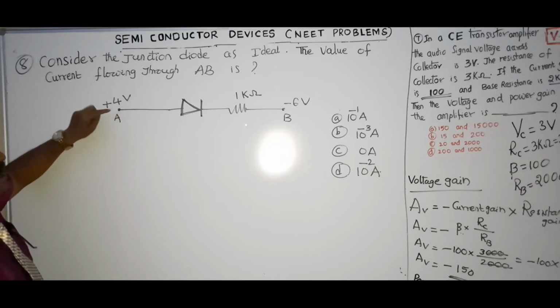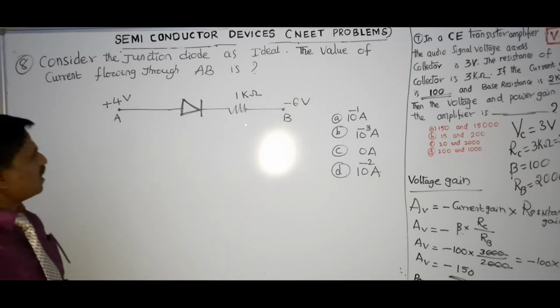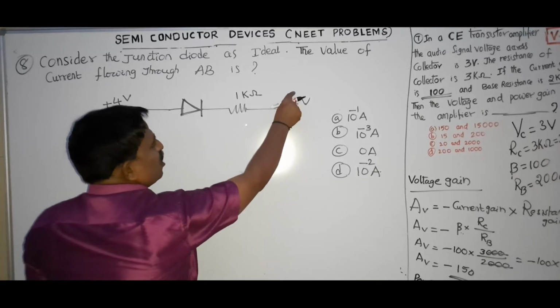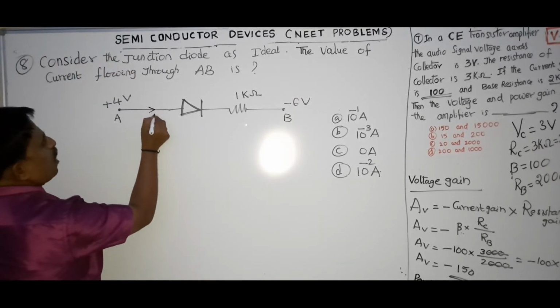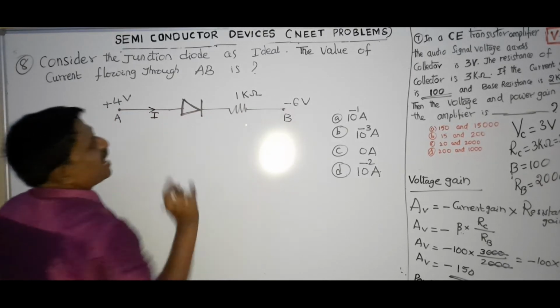Here point A is at plus 4 volt, point B is at minus 6 volt. A is at a higher potential and B is at a lower potential. Current always flows from higher potential to lower potential.